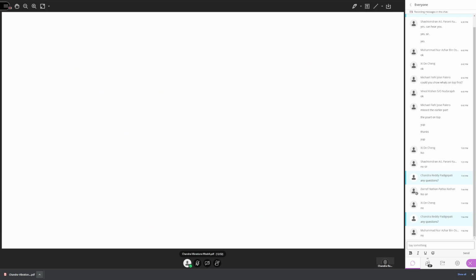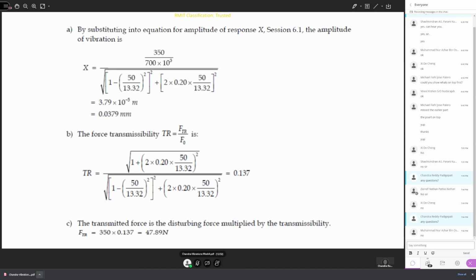Once you know the natural frequency of the system, from the equations given, you can calculate the amplitude response X. This is F naught over K, where F naught is the force and K is the stiffness constant.